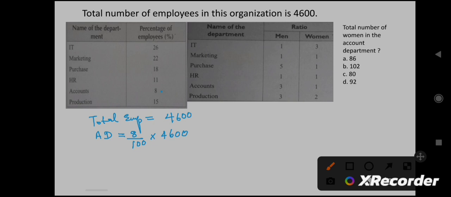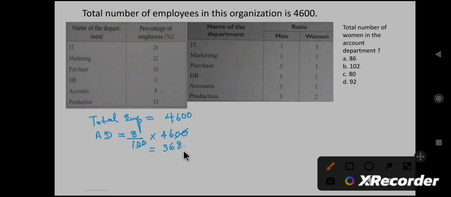Let me solve this. The two zeros and the two zeros cancel, and 46 into 8 gives us 368. So 368 members are there in the accounts department. This 368 is 8 percentage of 4600.